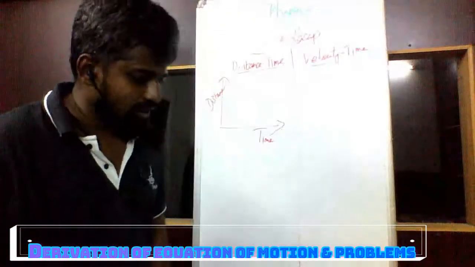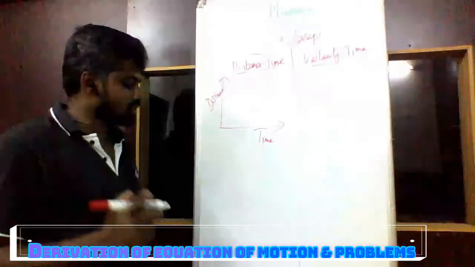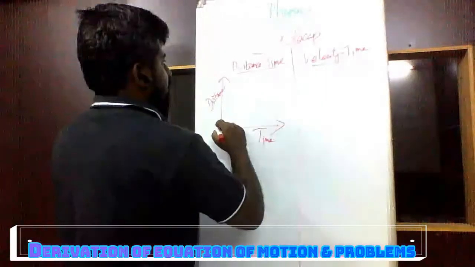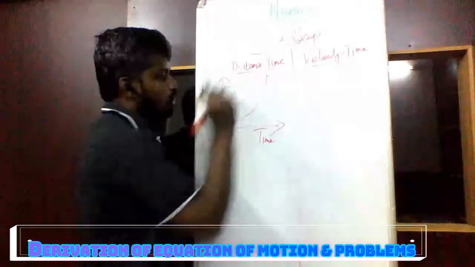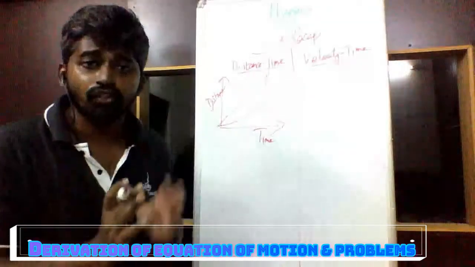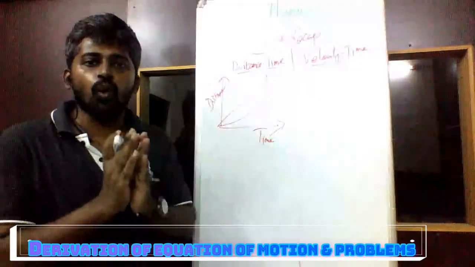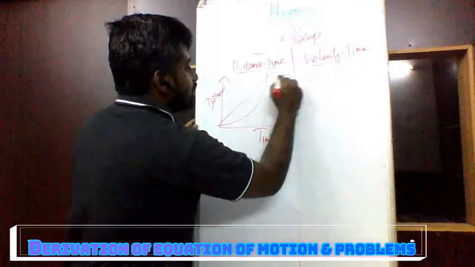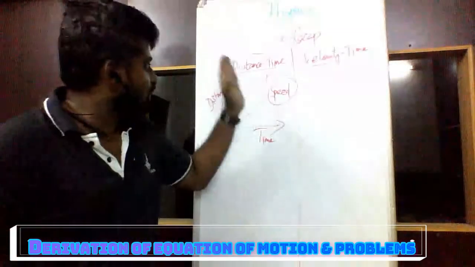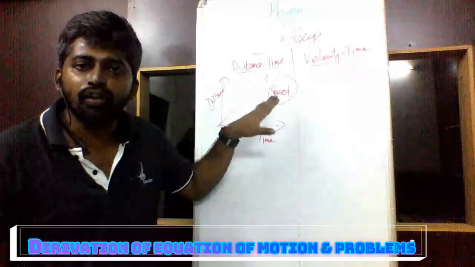So in this there are two types. One is uniform speed, another one is non-uniform speed. So what we are going to find in this graph, we are going to find speed. This is very important.